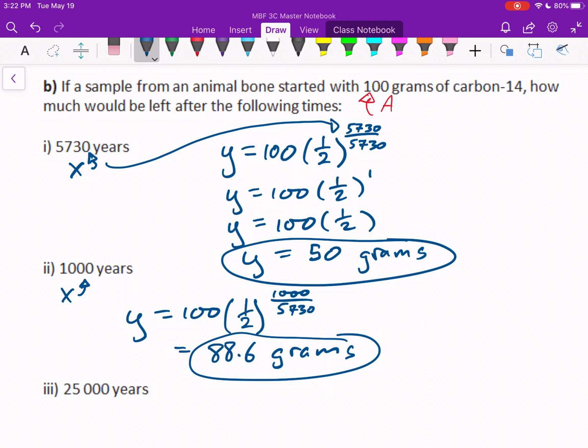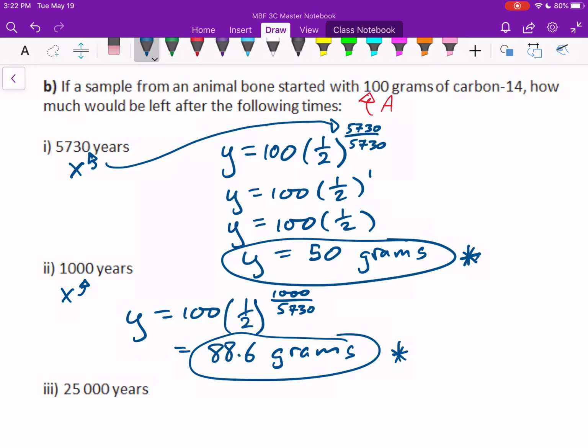So again, we started with 100 grams, and less time has gone by, so it's only decayed less than in the previous one. That one with more time decayed to half. This one with less time didn't have as much time to decay as far. Whereas the last one here, 25,000 years, more time has happened for it to keep getting smaller and smaller.